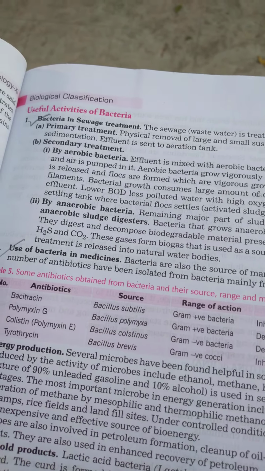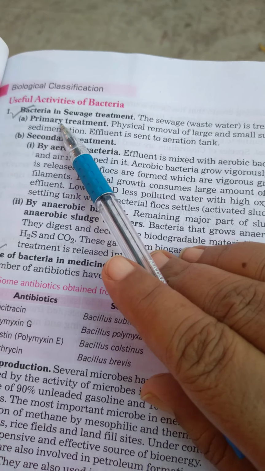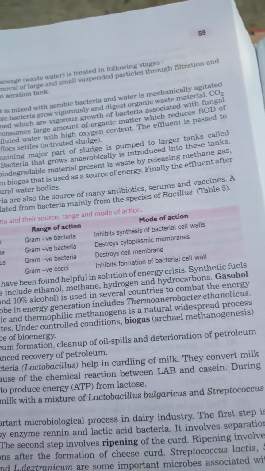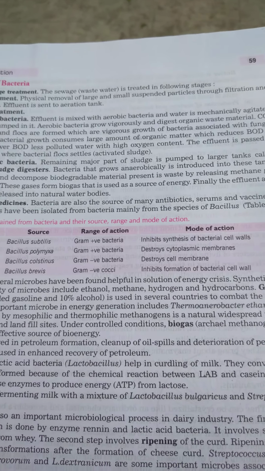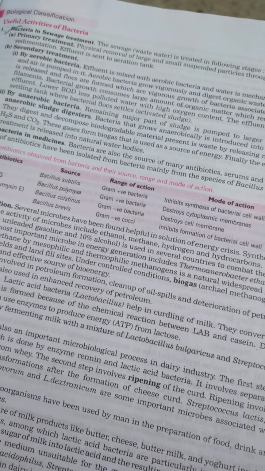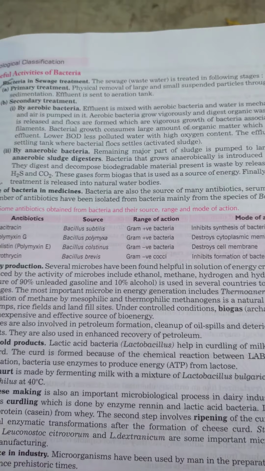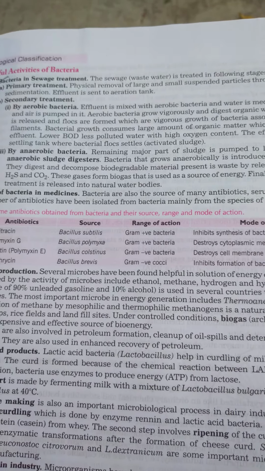Now let me explain to you what is the role of bacteria in sewage treatment. Children, first of all, you should know what is sewage. Sewage is the unwanted waste water that goes through our drain.